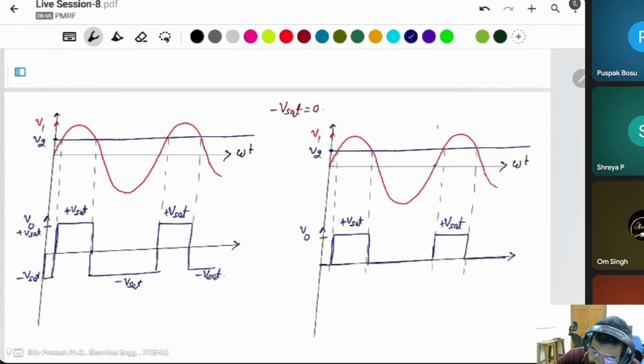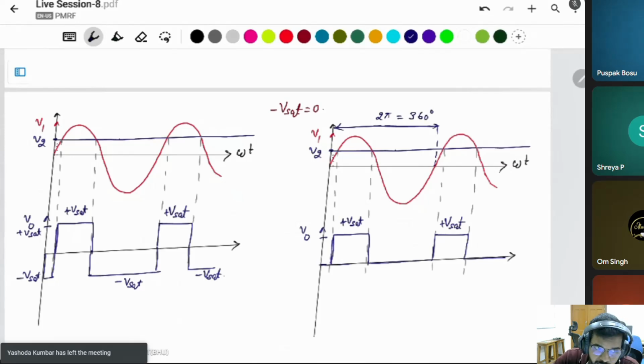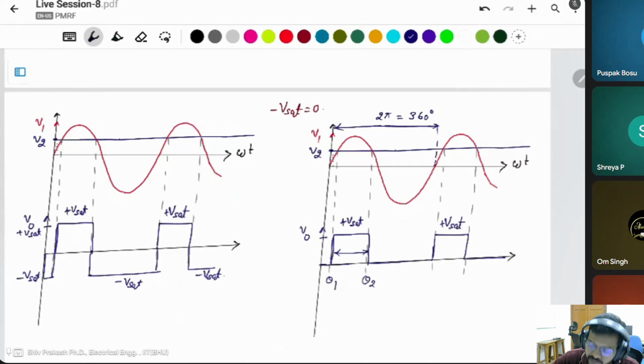This is sinusoidal. The total time period is 2 pi, or you can say 360 degree, and the output is incoming only in this part. I have written this as theta 1 and this as theta 2.